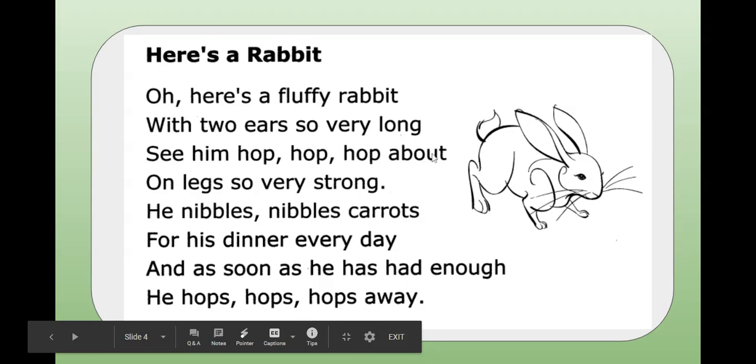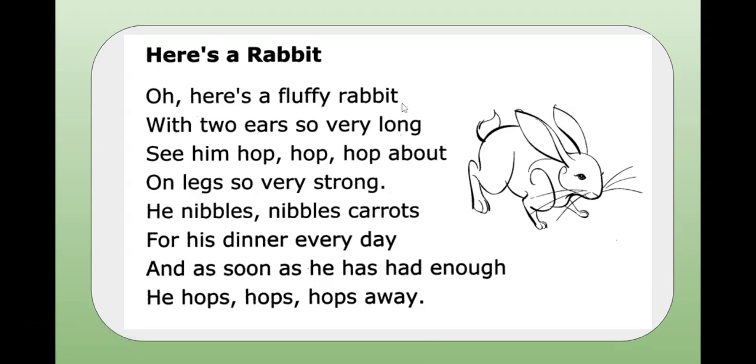So you hear the rhythm as I'm saying the lines of the poem. Let's look for the rhyming words. This time, let's look at the first sentence. It ends in rabbit, but the next sentence has the word long.